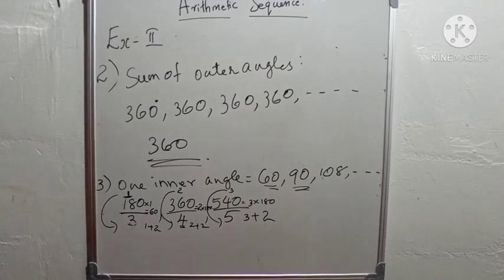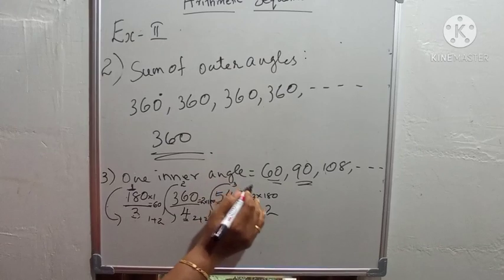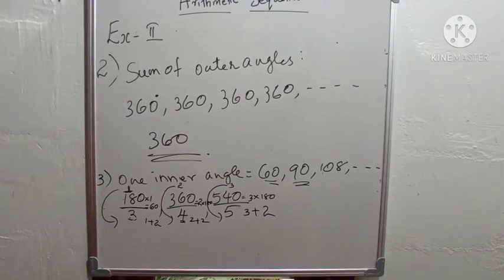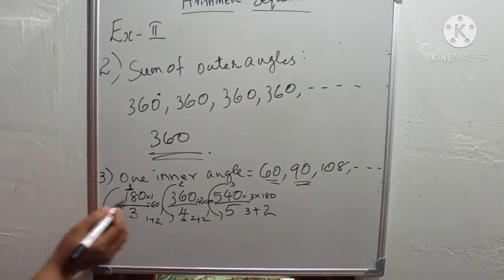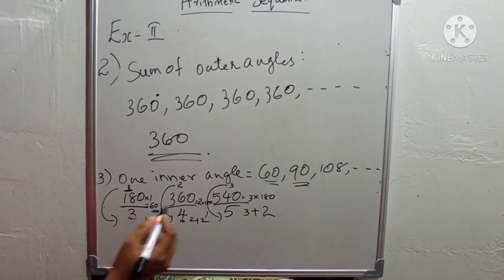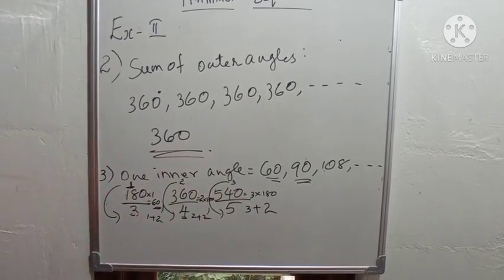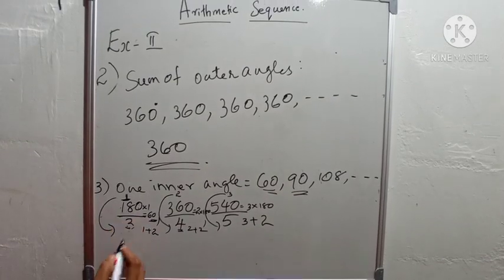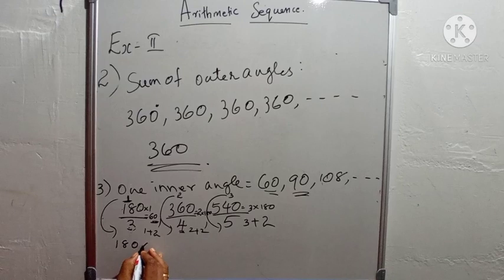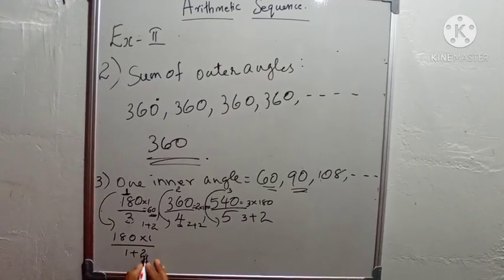So, what is the relation between the positions and the numerator and the denominator of the sequence? Or we just write the sequence as a fraction. That is, 60 is actually 180 by 3, 90 is 360 by 4, like that. So, the first term is actually 180 into 1 divided by 1 plus 2.